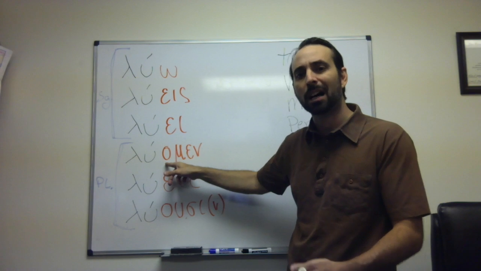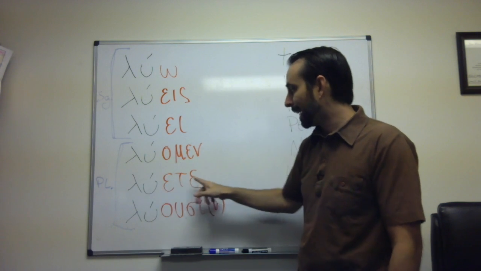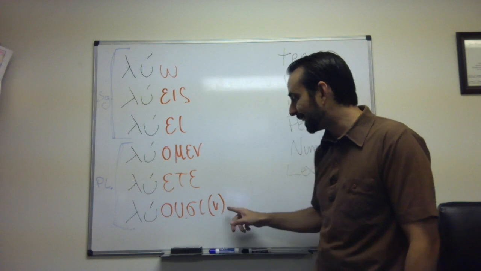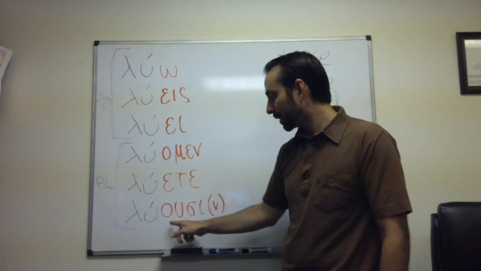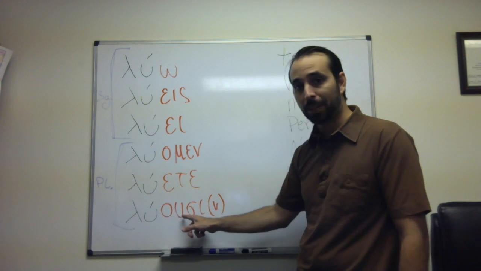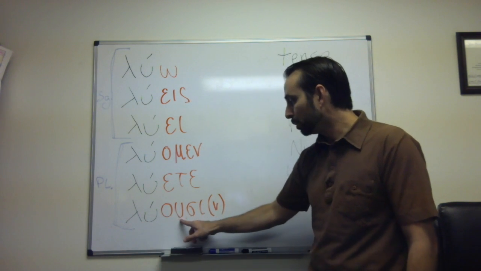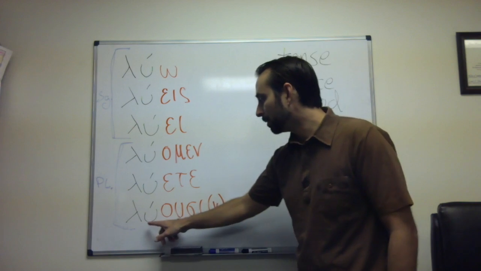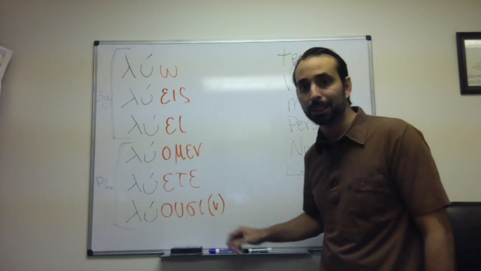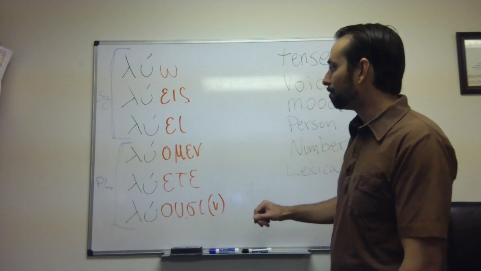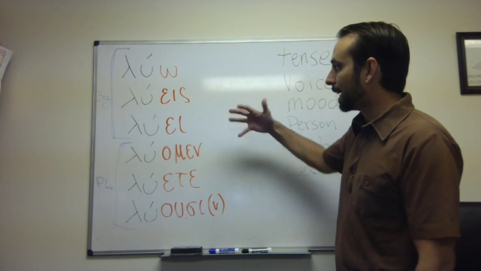Lu ete, and lu ousi, or ousin, if you pronounce the n. Notice, this is a diphthong here, so that's like one vowel sound, the omicron, upsilon together. So that's that verb system.